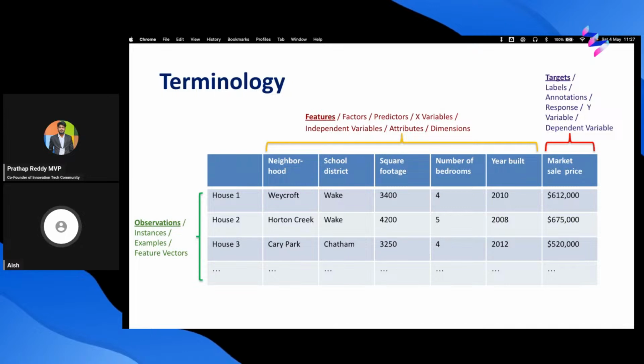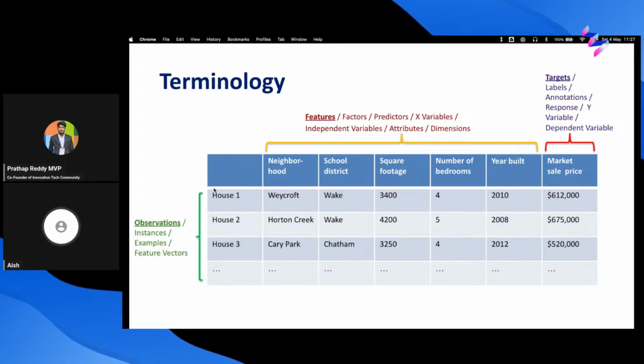Okay, so now coming to the more ML-specific terminology. Say I give you the problem: can you predict the pricing of a house based on the existing prices of houses? So for example, you have these three houses over here, house 1, 2, 3.